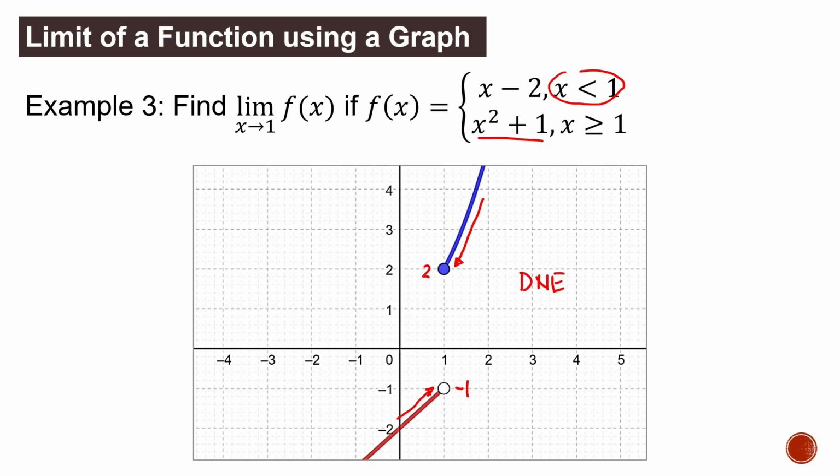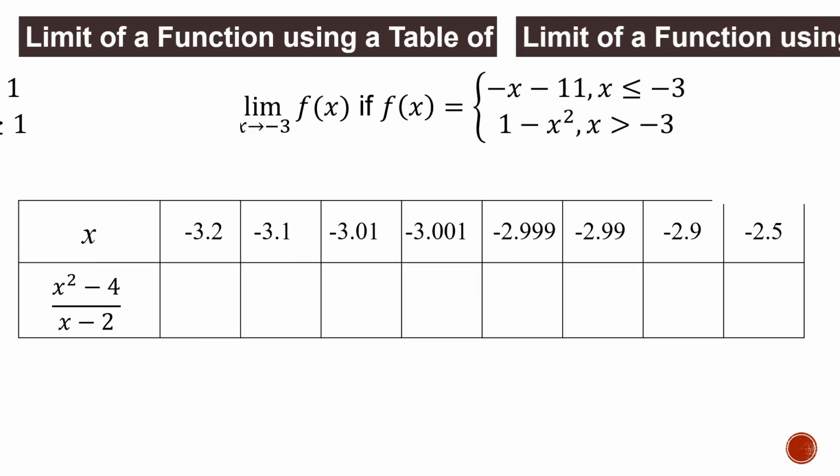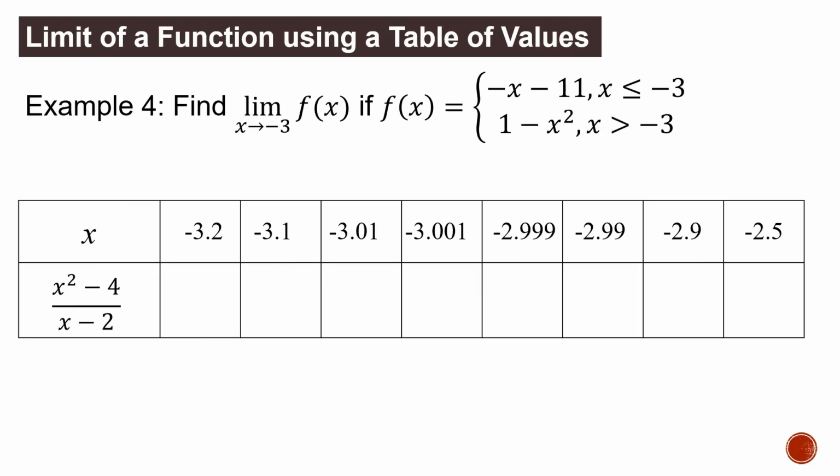All right, now maybe you're thinking, well, that means for all piecewise functions the limit is going to be does not exist, undefined. Now let's see this example. Again, this is a piecewise function, so find the limit of f of x as x approaches negative 3, and this is our function.